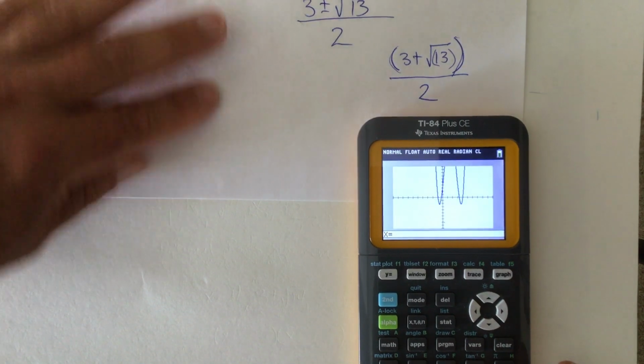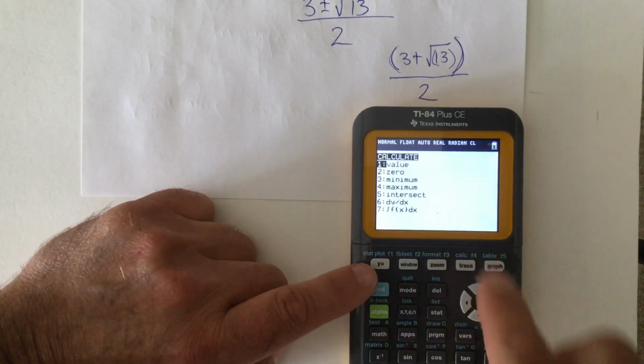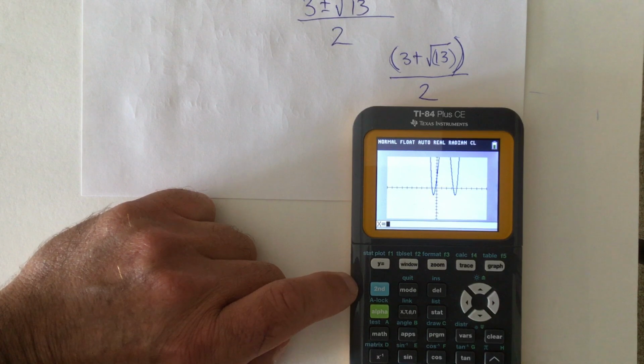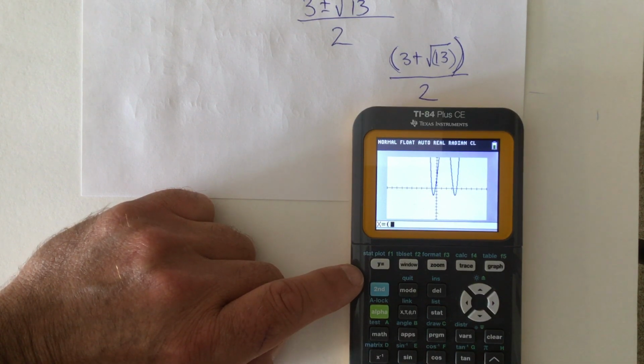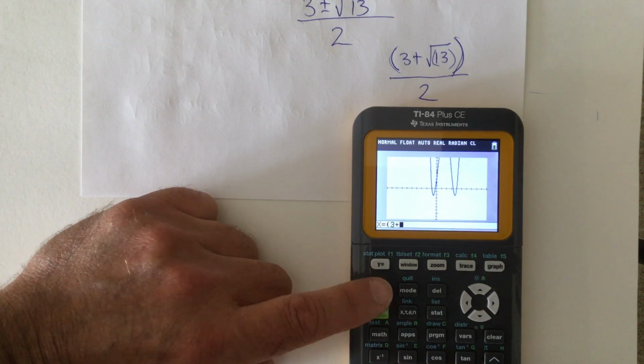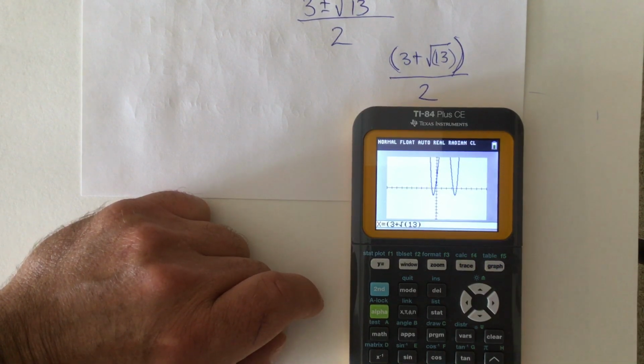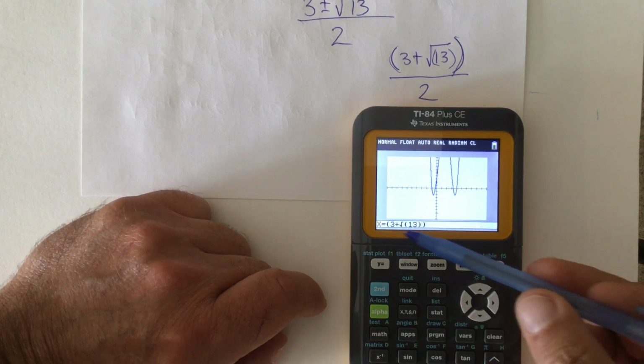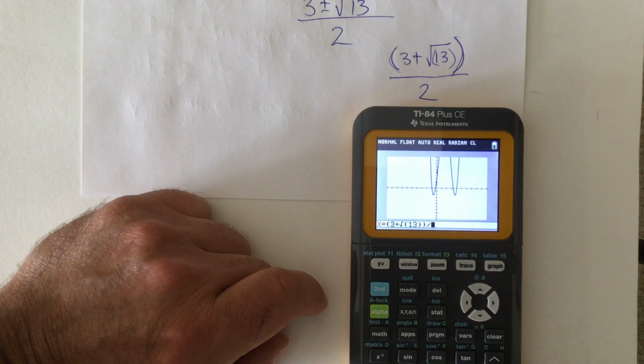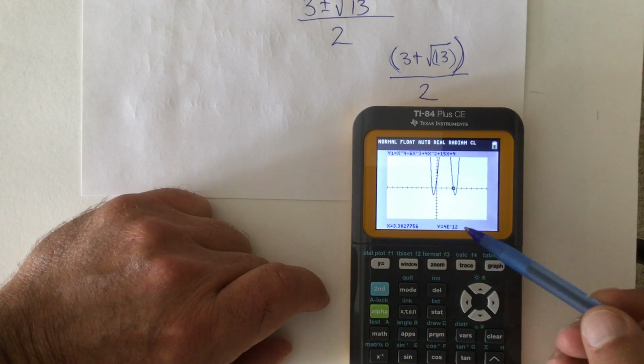I'm going to punch this thing into my calculator. Second, calculate the value. Parenthesis, 3 plus the square root of 13. I'm going to close the parenthesis for the radical. I'm going to close the parenthesis for the top of the fraction, divided by 2. And then I'm hoping it doesn't do anything weird. It did the weird thing.